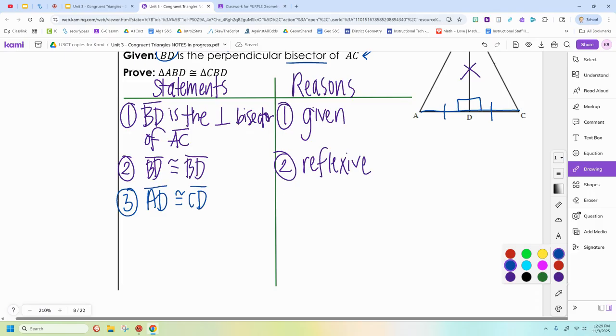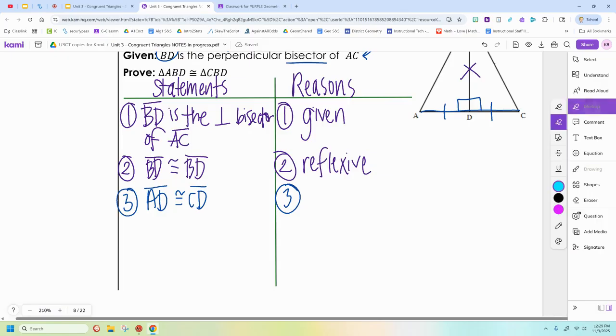And you're going to notice that there's always this connection between what you were given and what goes in the reason. Okay?